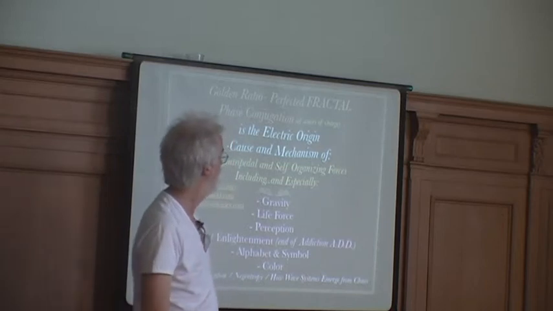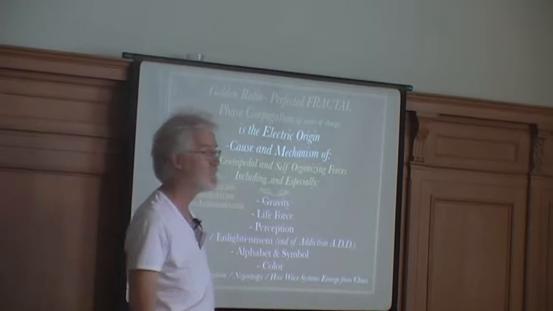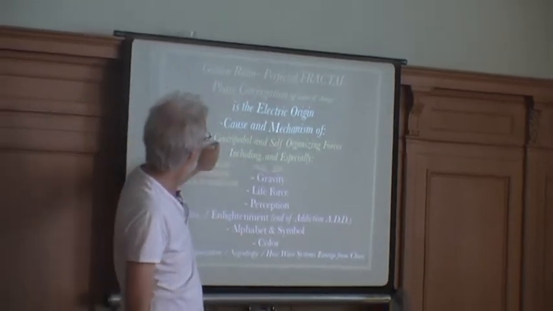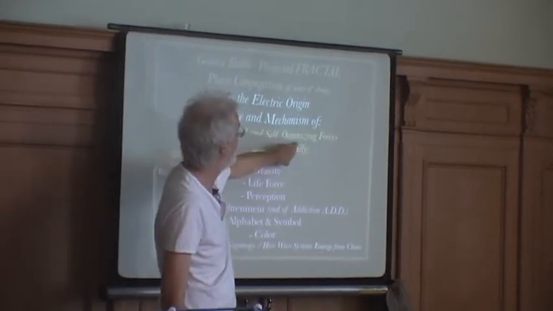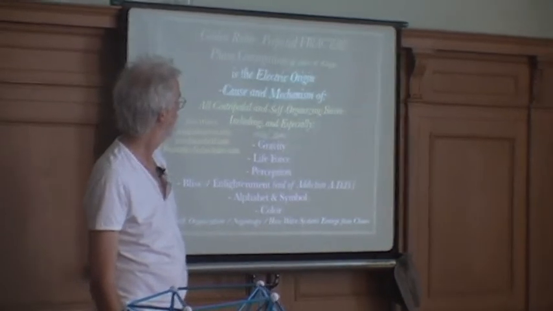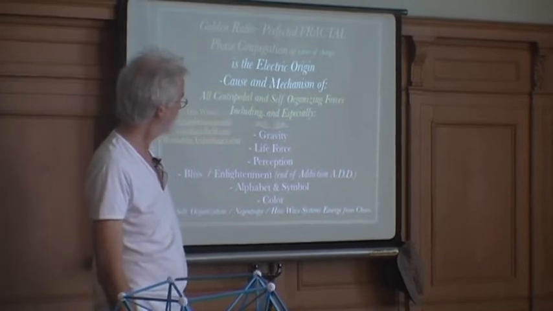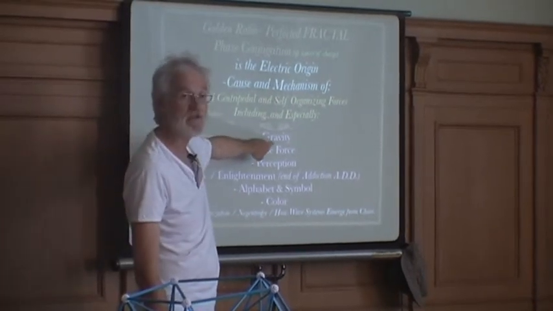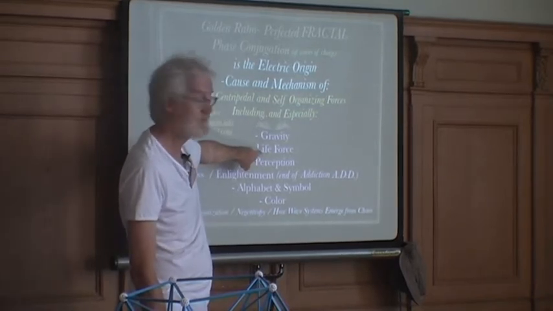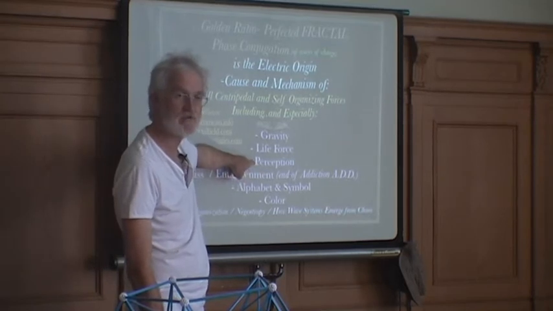of waves of charge, těch vln nábojů, is the electric origin and cause and mechanism of je elektrickým původem a příčinou a mechanismem all centripetal and self-organizing forces, všech dostředivých a samoorganizujících sil, including and especially včetně a obzvláště the cause of gravity, příčinou gravitace, the cause of life force, příčinou životní síly, the cause of perception, příčinou vnímání.